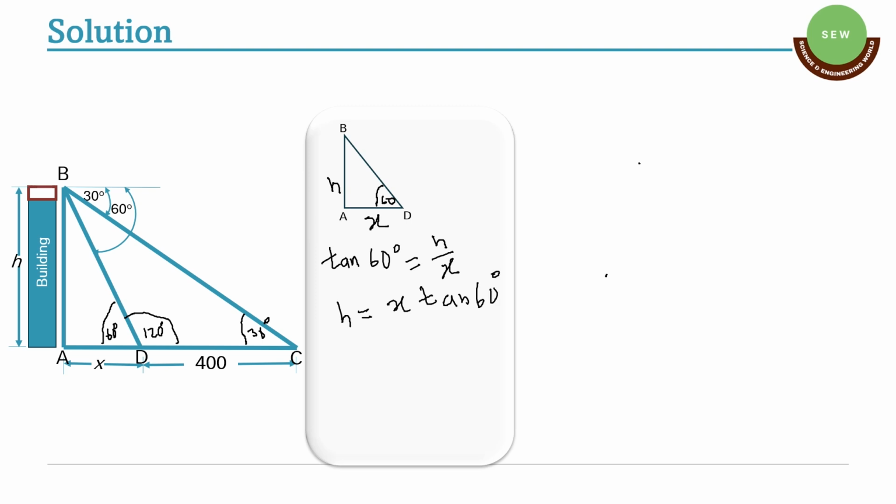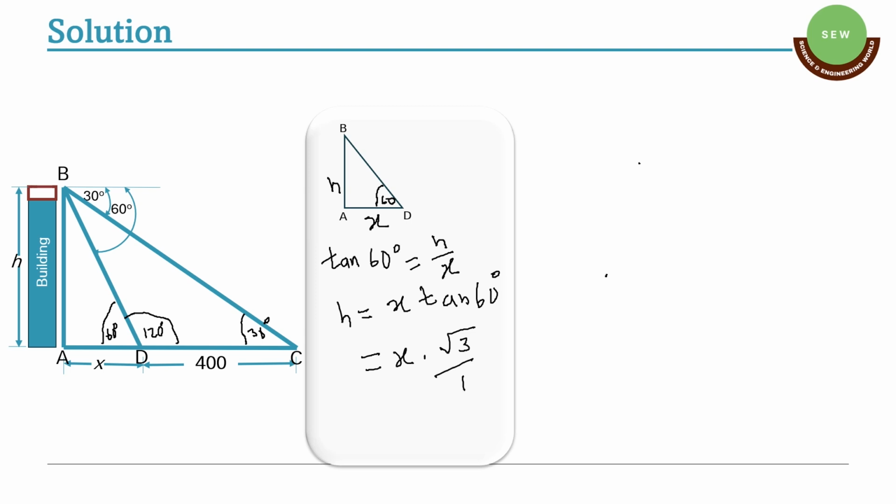From the previous video, which I will put the link above, we know that tan 60 is root of 3 over 1.